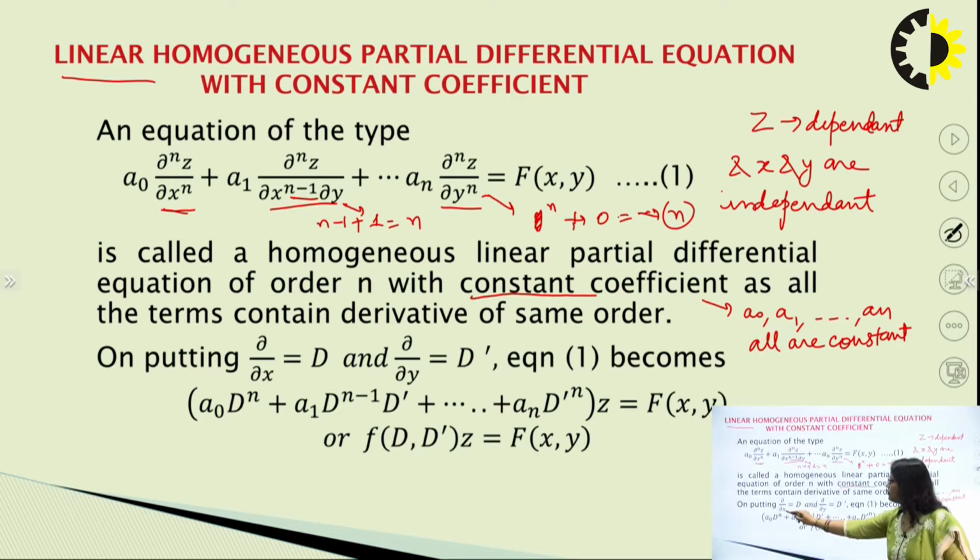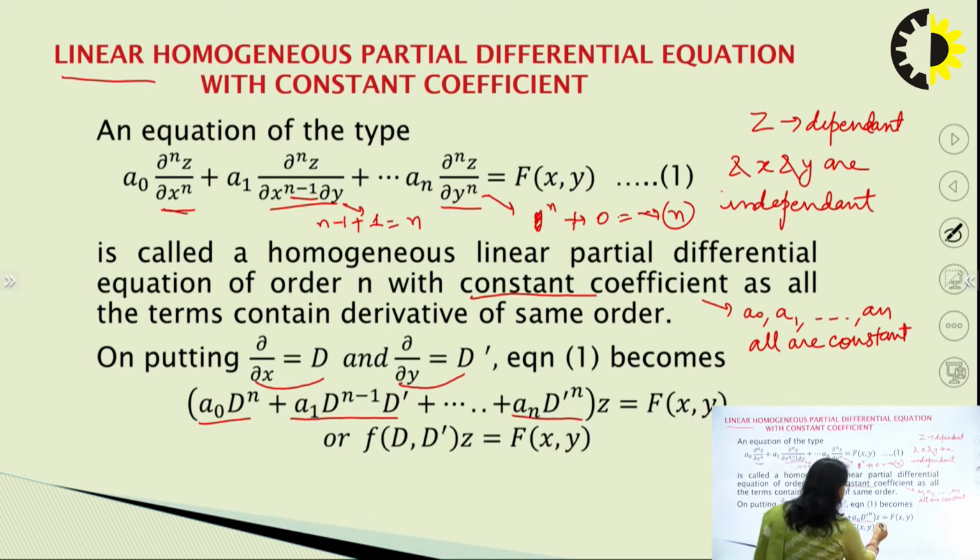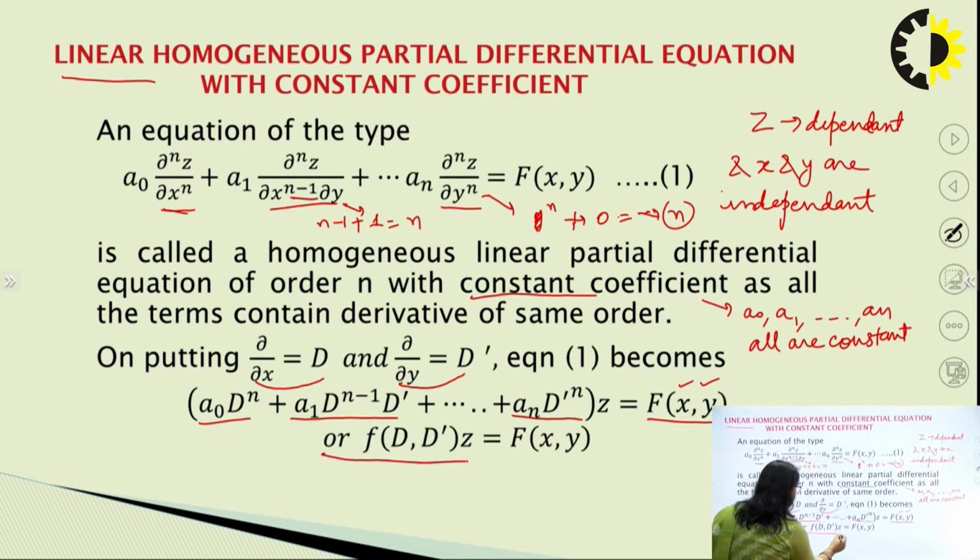Now we put del by del x as D and del by del y as D dash, and therefore the given equation 1 can be written as a0 D to the power n plus a1 D to the power n minus 1 D dash plus terms up to an D dash n, applied to z equal to f of x, y. This f of x, y is a function of x and y both. In other words, we can write this as a function of D, D dash applied to z equal to some function of x and y.